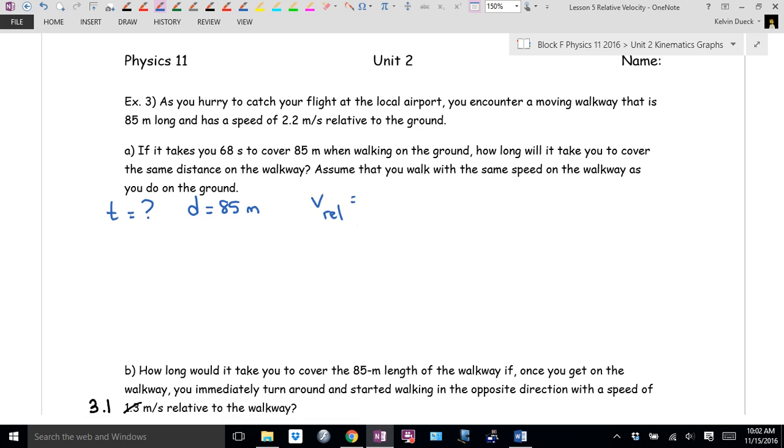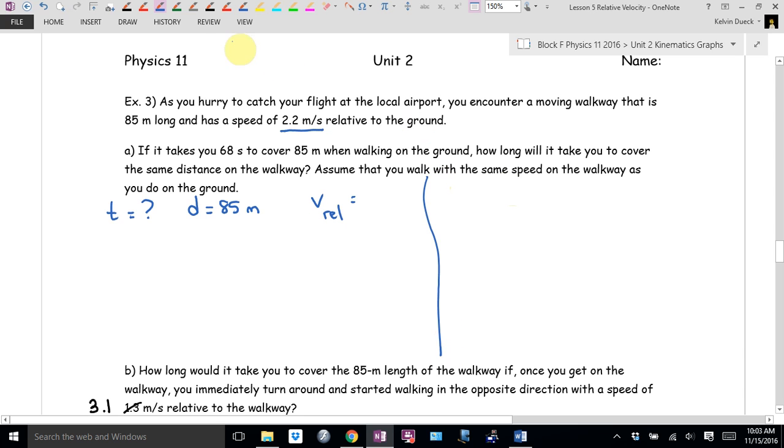Got a bit of a problem here. I don't know the relative speed. How fast is the walkway moving? How fast are you moving? Does it tell us? Draw the line like that.